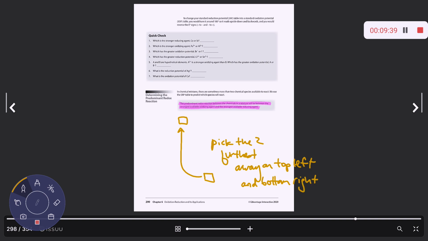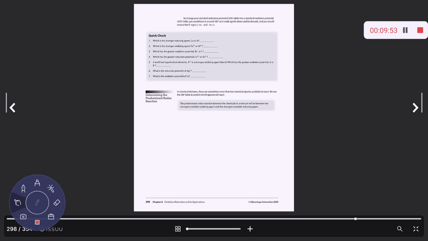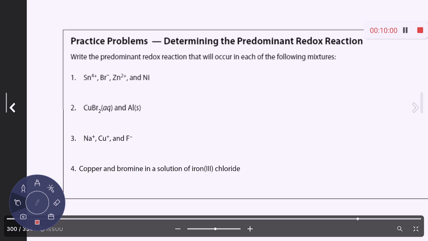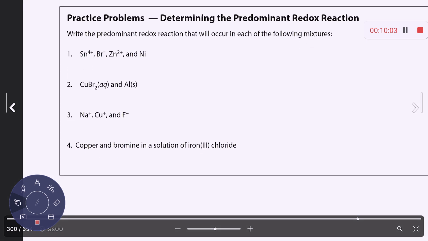So let's take a look at the last set of practice problems. Is that this right here? Yeah. Okay. This is pretty straightforward. So let's just take a look at number 1. You tell me, which two substances are furthest away on that table? So which one is in the top left and the bottom right?